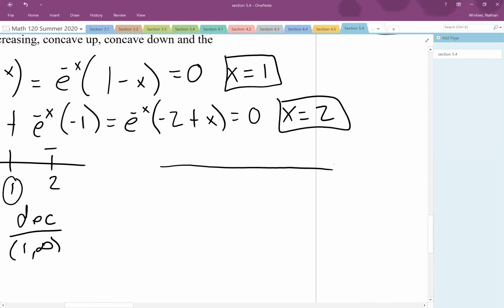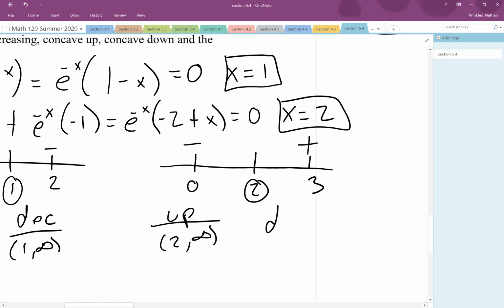Looking at our second derivative here, around 2, we can plug in 0, we can plug in 3. Plugging in 0, we get -2. So it's negative and then positive. So that means that it is concave up from 2 to infinity, down from negative infinity to 2.